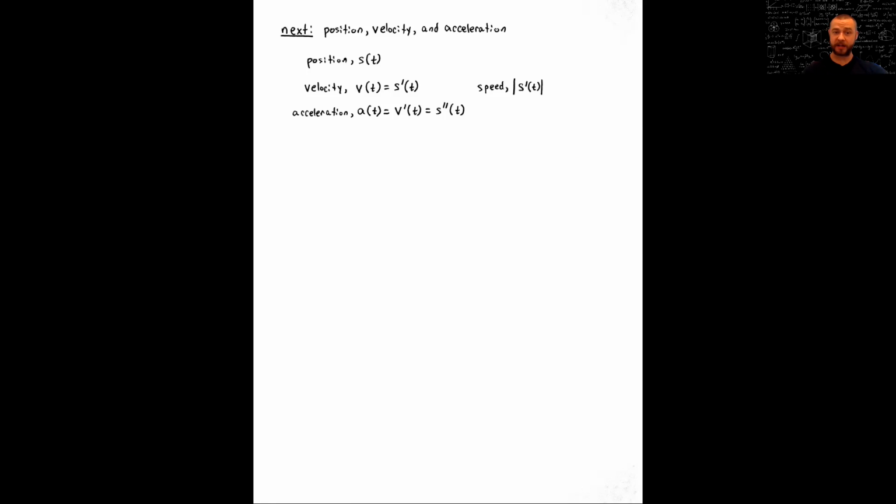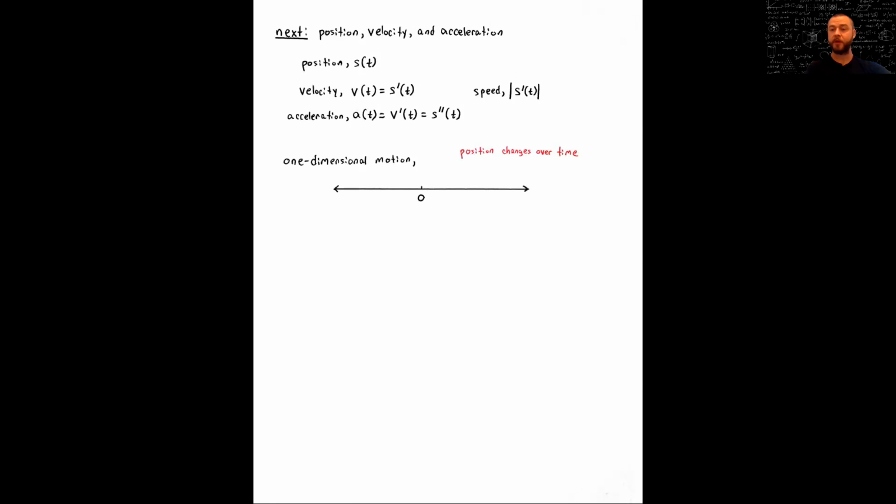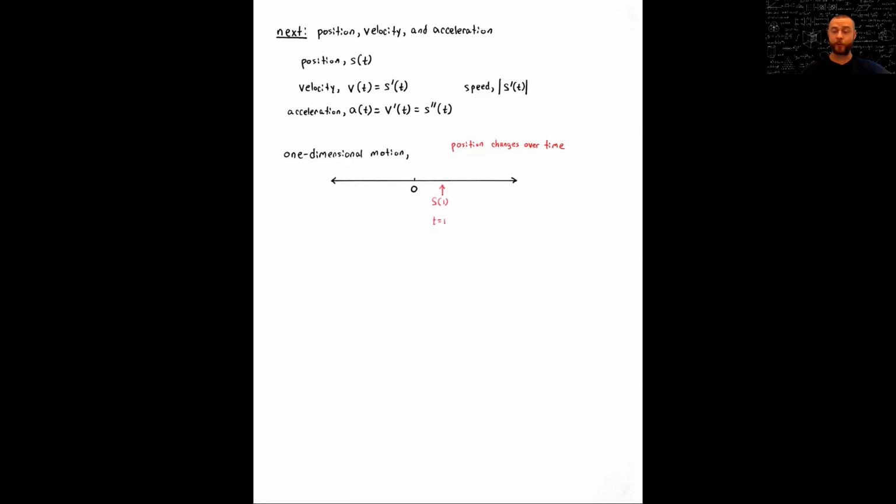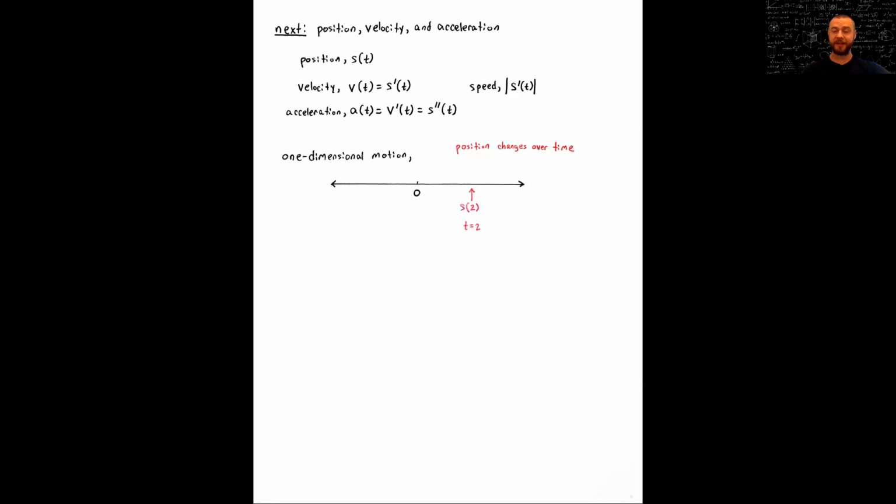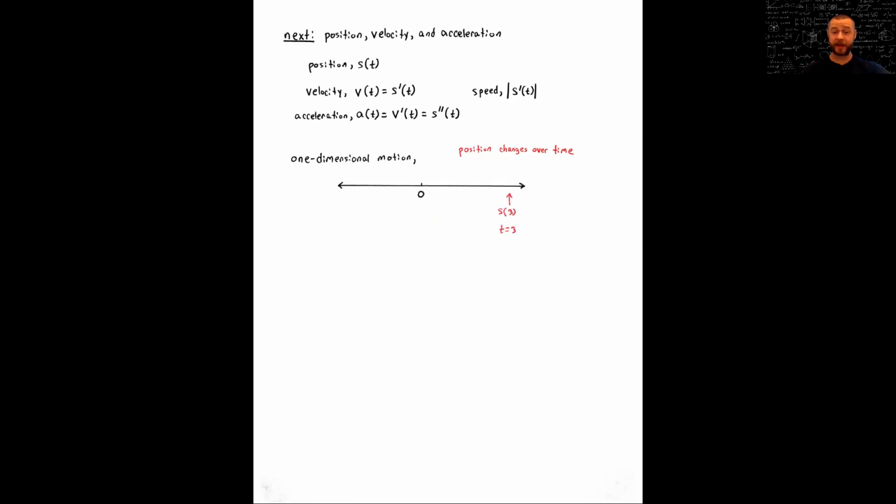All right, so for us, for one-dimensional motion, we're just basically considering an object moving along a straight line, just moving left and right, back and forth. And the position can change over time. So let's say at time equals 1, the object is right here. 1 second later, it moves a little further to the right. 1 second after that, a little further to the right again.